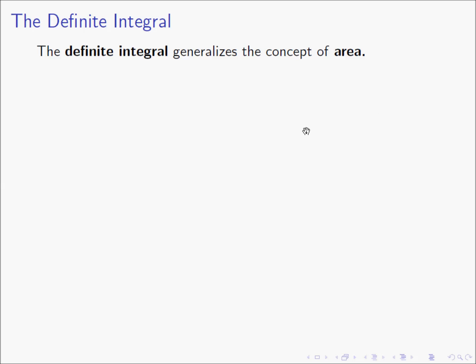So we're going to begin with a physical intuition of this idea. Just as with the derivative, there is a physical interpretation of this idea, and we're going to see how it is connected to the idea of area.